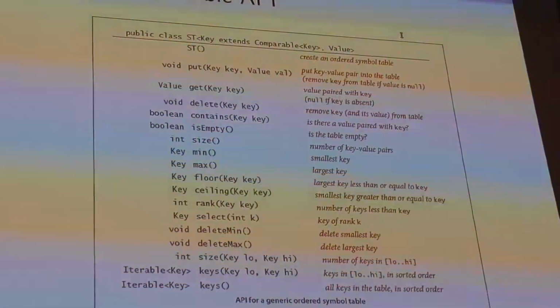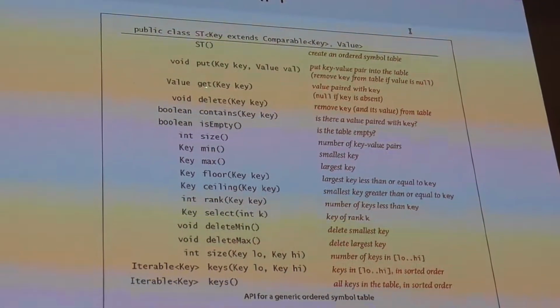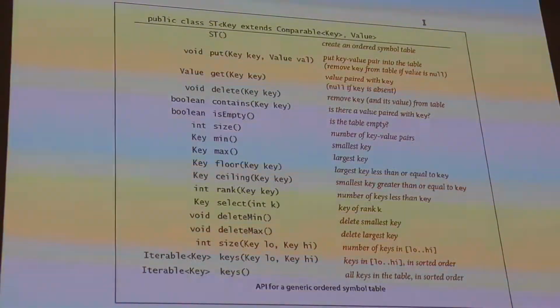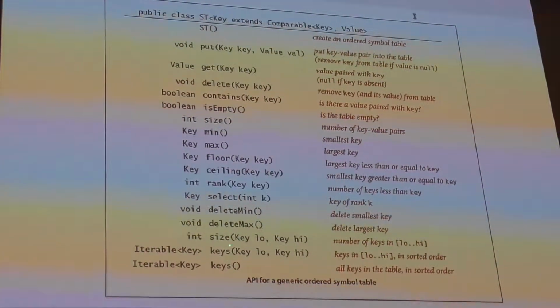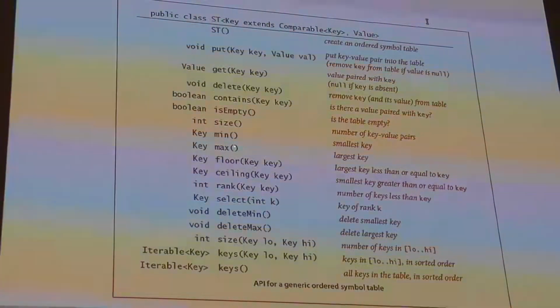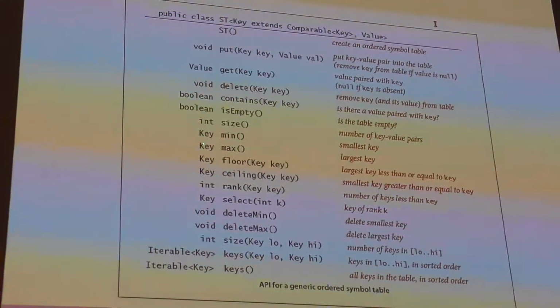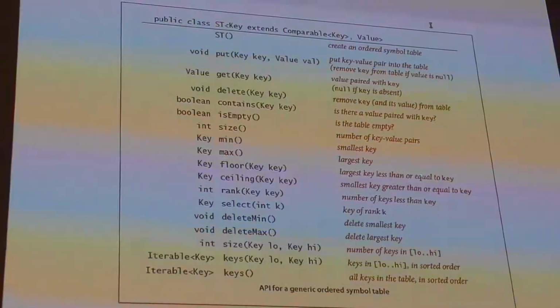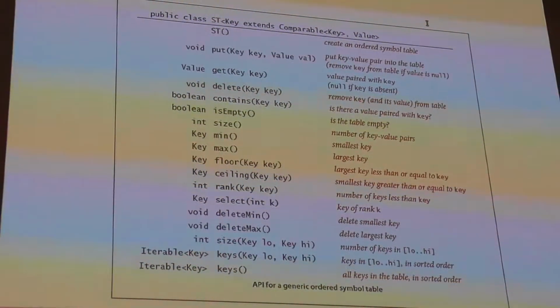We still have our delete and contains and is empty and size, but we also have a whole host of functions, such as what is the minimum key, what is the maximum key, what is the largest key less than or equal to the key that is indicated.